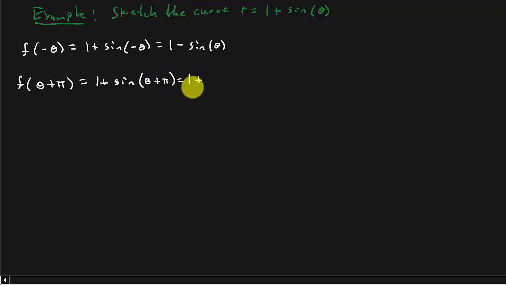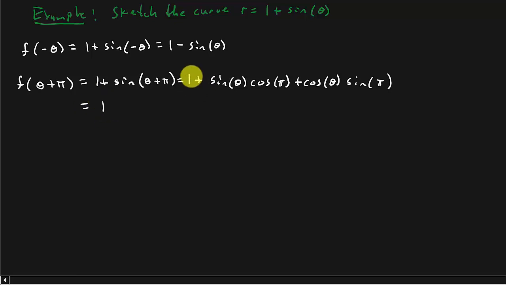Now, what's the sine of theta plus pi? Remember your sum and difference identities from trig. So that's going to be sine theta cosine pi plus cosine theta sine pi.